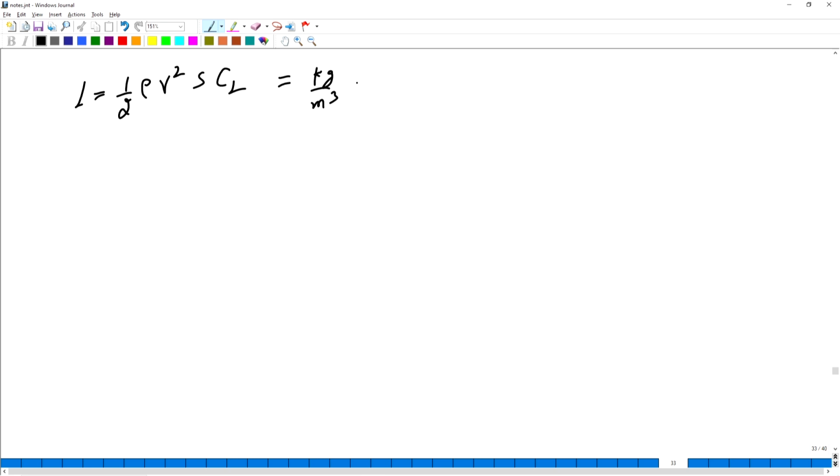Then we have velocity meters per second or meter square per second square, and area is in meter square. So we have kilogram, this is meter power 4, this is meter cube. So we have kilogram meters per second square, which is nothing but newtons. All right. So lift, force should be in newtons.